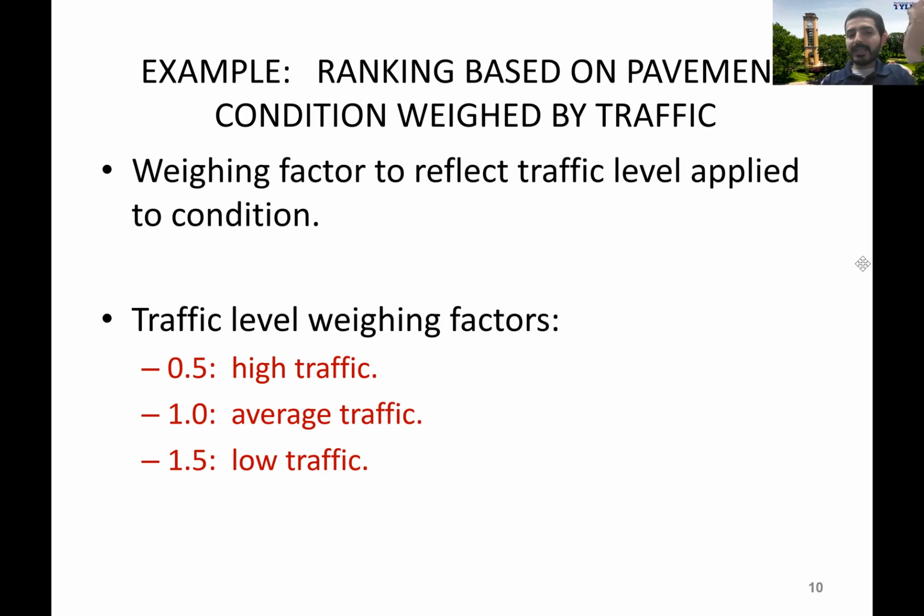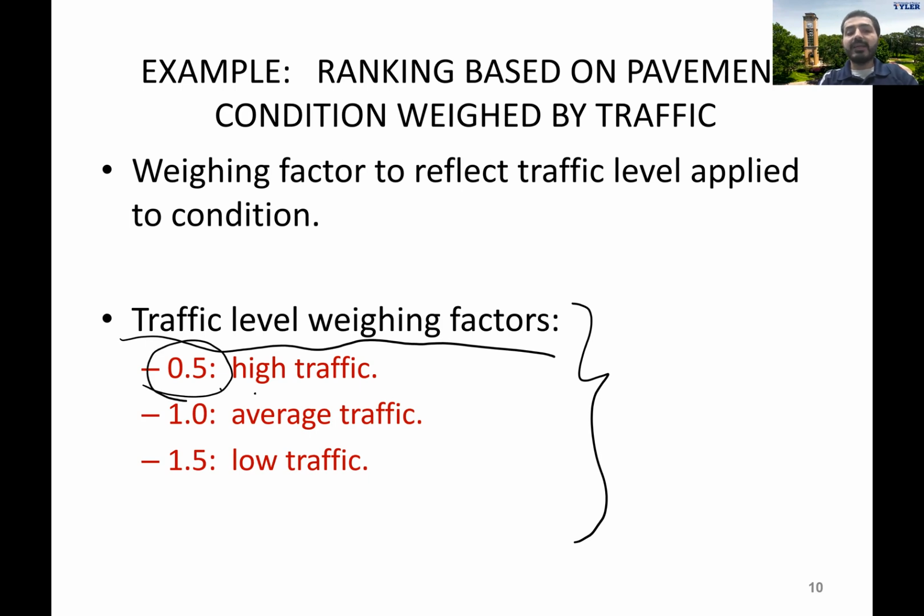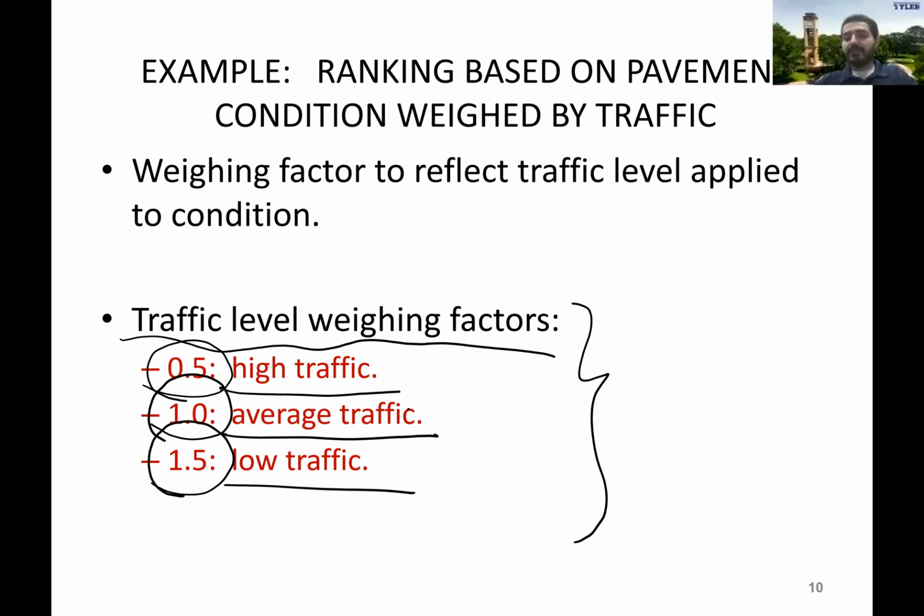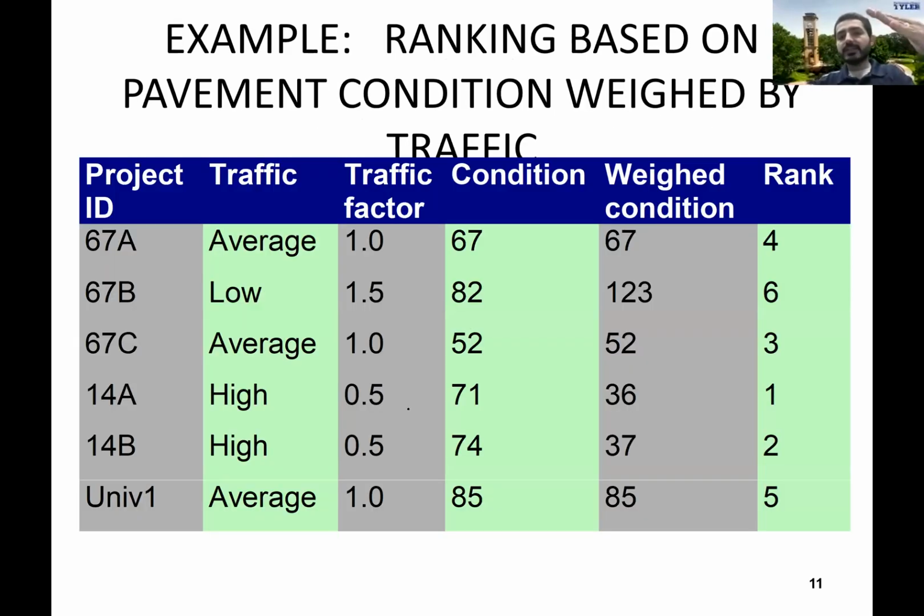Again, these weighing factors depend on the agency you're working with, and they will already be well established in a PMS system, well in advance. But let's say for the traffic level weighing factor, I have 0.5 if it's high traffic, 1 if it's average traffic, and 1.5 if it's low traffic. What are these numbers? These numbers are going to be multiplied by the condition.